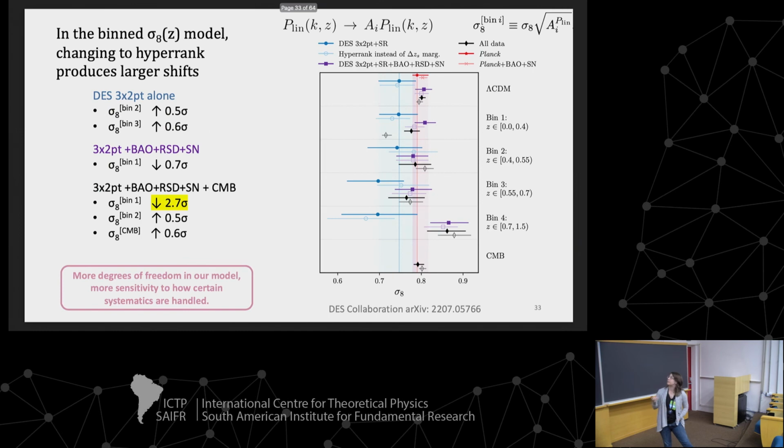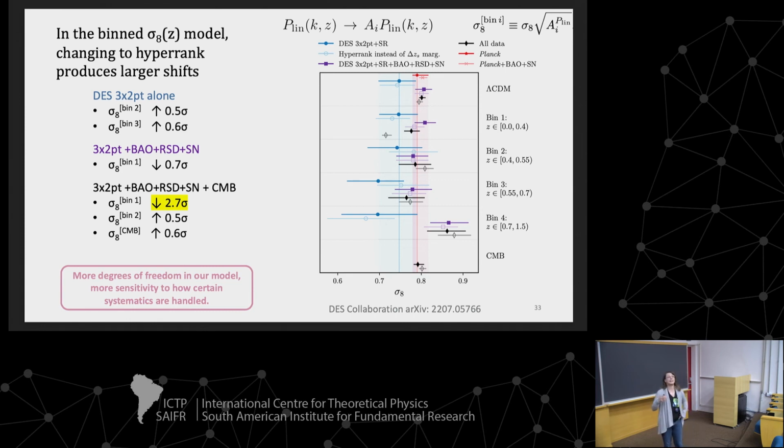All right, but then we look at this binned S8 model where we're adding 3 or 4 degrees of freedom, so that instead of having a smooth growth function over redshift, you have these possible step functions. You add a lot of degrees of freedom. And the constraints become less robust to how we handle these redshift uncertainties. And I am keeping an eye on the time.